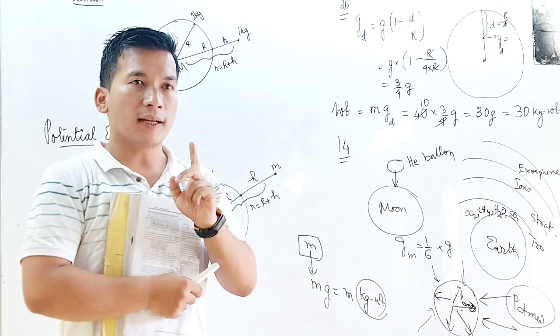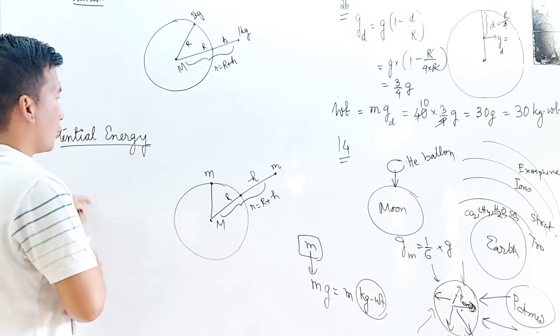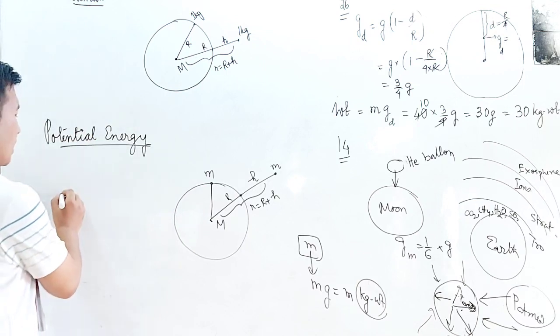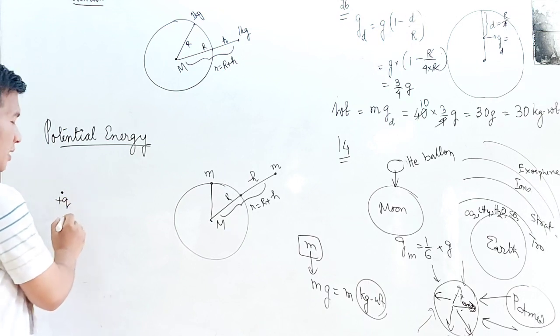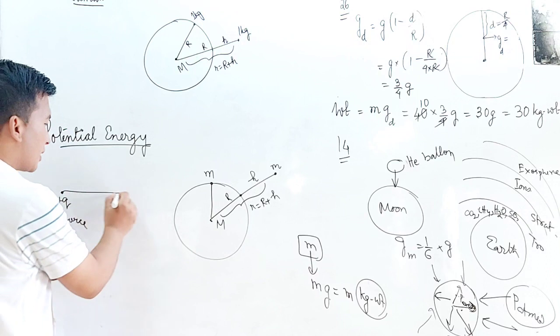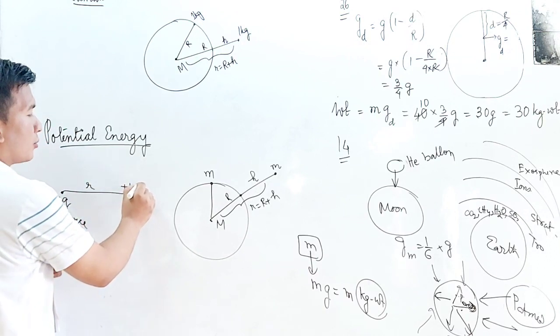Example of the analogy with respect to your charge. This is plus q, the source charge. At a distance r, we place 1 coulomb of charge.